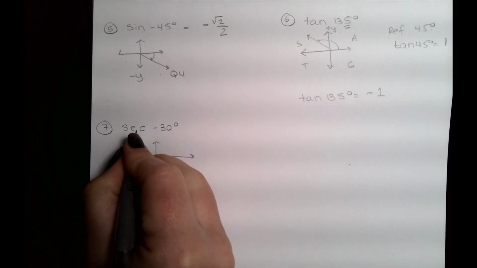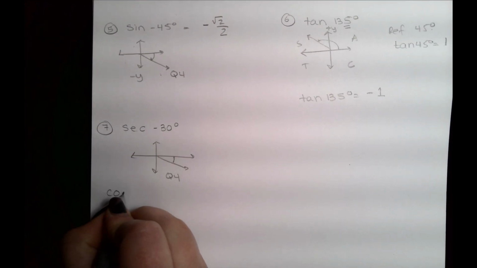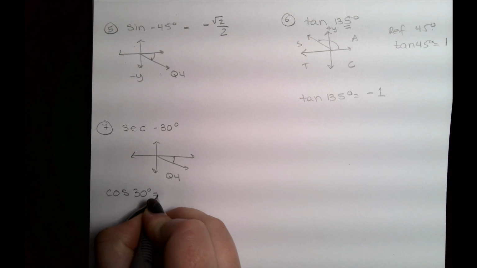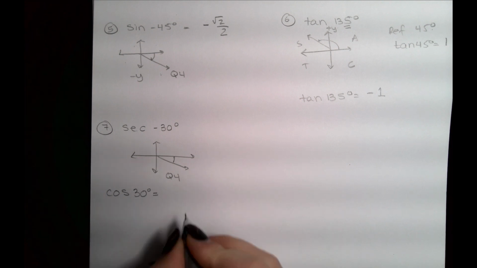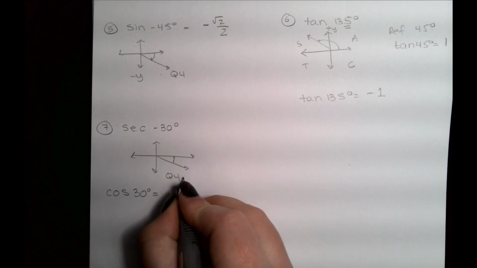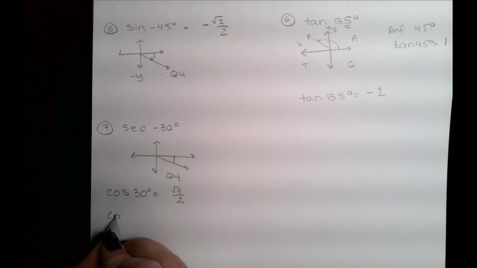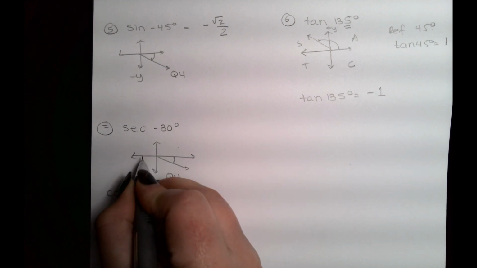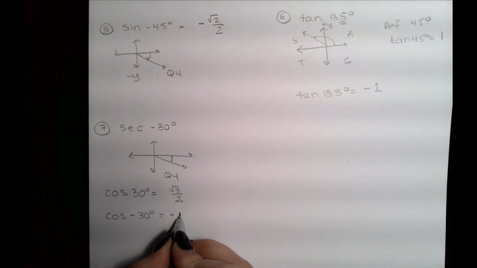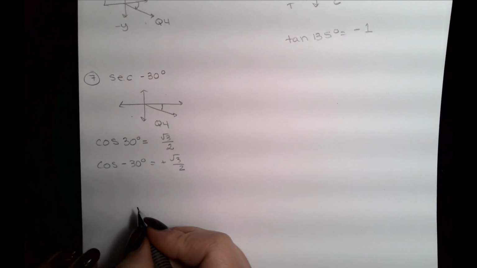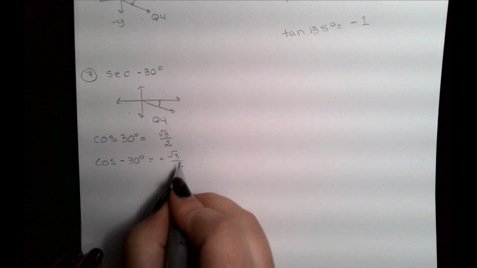So we're looking for the reciprocal of secant, which is cosine. So we're looking for cosine of 30 degrees. Cosine of 30 degrees we have as root 3 over 2. Since we are in quadrant 4, cosine of negative 30 degrees, all students take calculus, is still positive, root 3 over 2. And then since we are asked for the reciprocal function, we're going to flip our fraction.